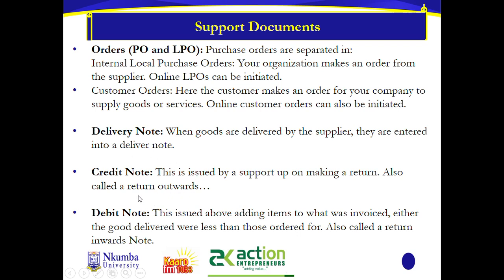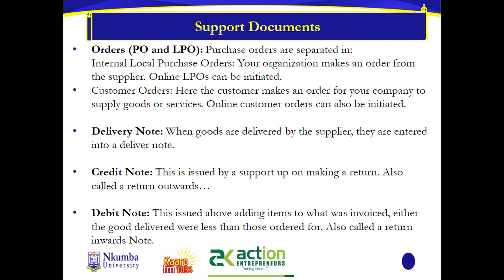These ones you use in products and services. The credit note is when you have supplied goods or services in excess, and some of them have got to be returned.